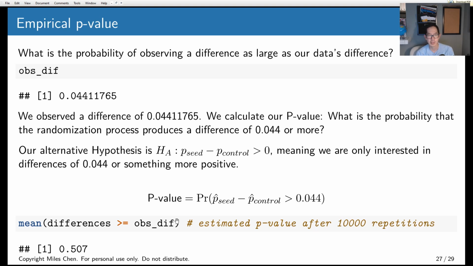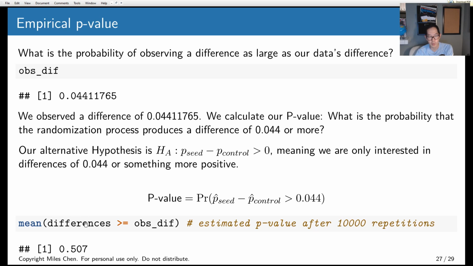And we could say, well, all right, what is the probability that the randomization process produces a difference that we observed or something greater? We're really only interested in getting a difference of 0.044 or something more positive. So here I'm going to say, of the differences, how many are greater than or equal to the observed difference?